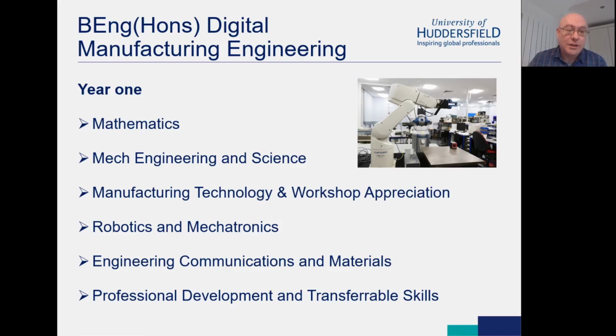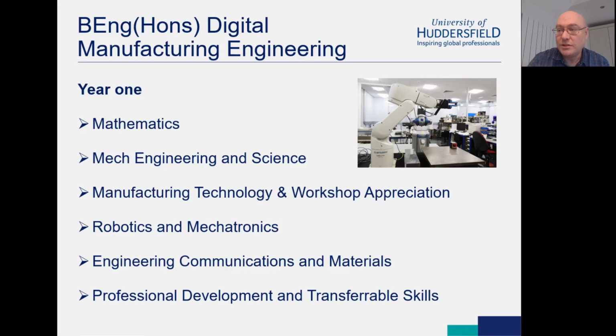So we've got mechanical engineering and science, manufacturing technology and workshop appreciation, robotics and mechatronics, engineering, communication and materials, and professional development and transferable skills. The important thing that you can see from this is we get the maths, we get the mechanical science, but we start to see some of those things that are important in manufacturing.